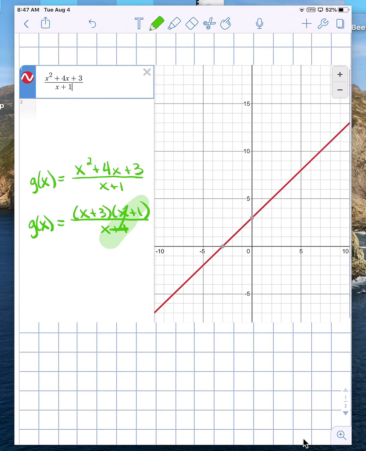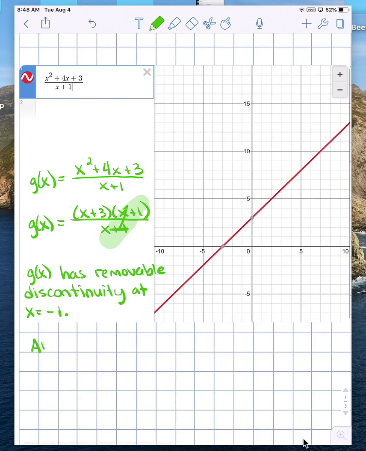So we say that g of x has removable discontinuity. It's not continuous there, and we knew it was not continuous at x equals -1 because that's where the hole exists. So g of x has removable discontinuity at x equals -1.